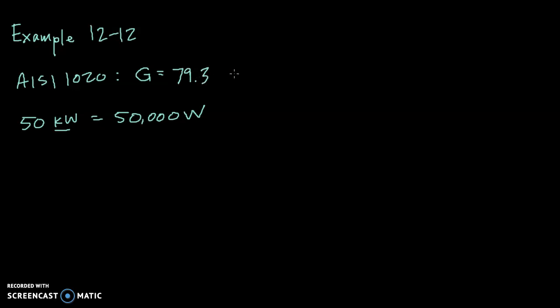But if you look at the top of the table, the units given are megapascals times 10 to the third. A mega is 10 to the sixth, so this is equal to 79.3 times 10 to the 6th times 10 to the third, which is 10 to the 9th.